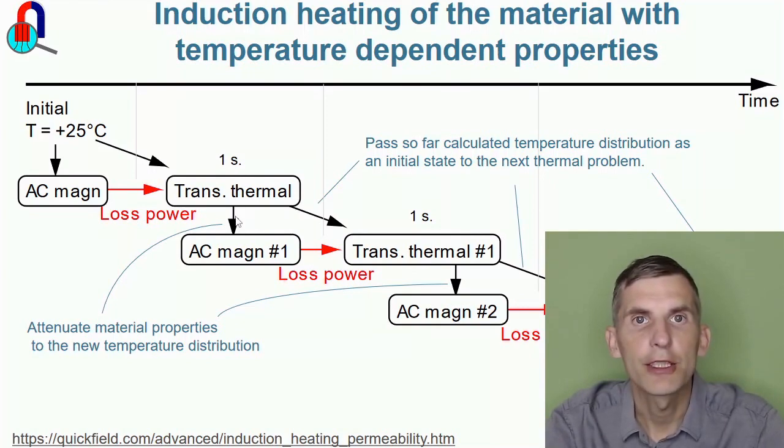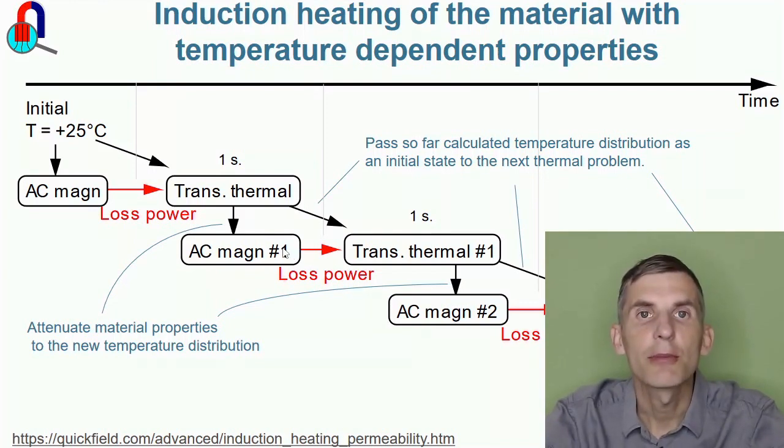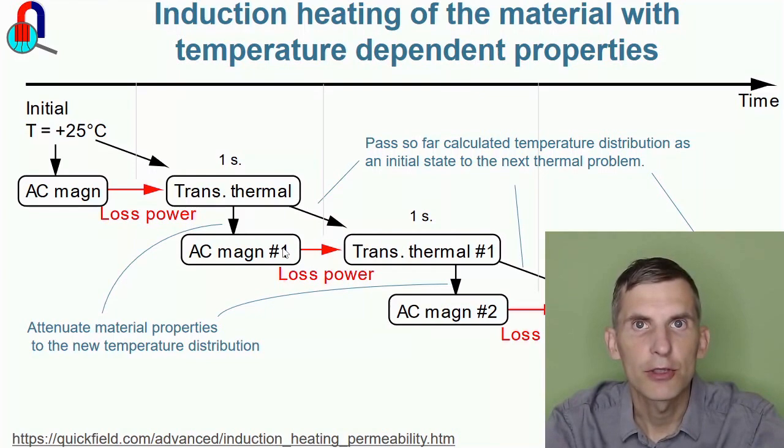Then we transfer the temperature distribution calculated at the end of the previous stage for the calculation of the electromagnetic parameters in the AC magnetic problem on the next stage. QuickField automatically adjusts electrical conductivity based on the temperature, and magnetic permeability is interpolated by scripts in the tool. New power distribution is calculated.